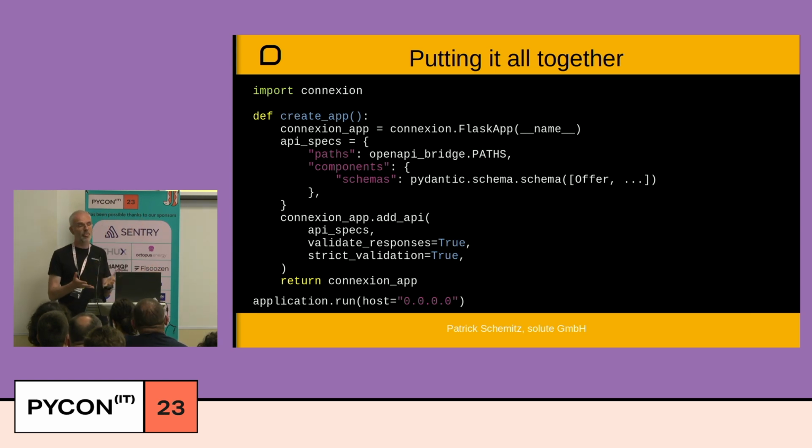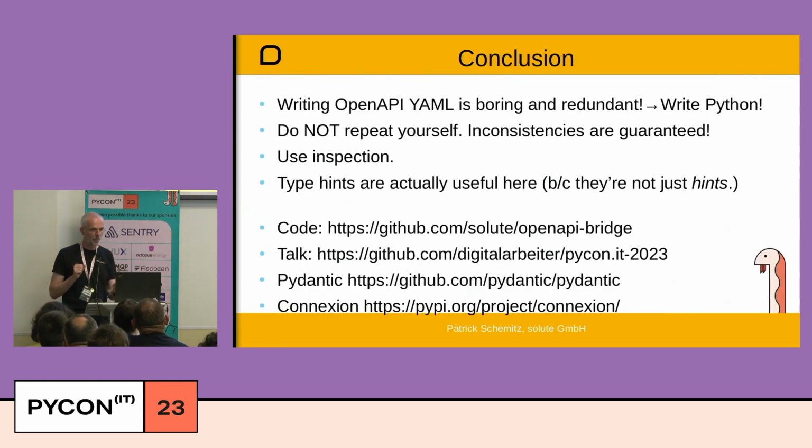Et voila. All the YAML is gone, all the OpenAPI is gone, the redundancy is gone, and all the metadata we need comes from inspecting the Python code. So, to summarize, instead of writing YAML and OpenAPI, we write Python.